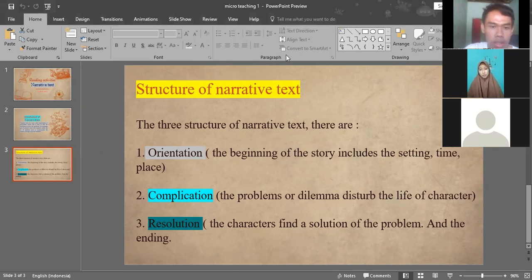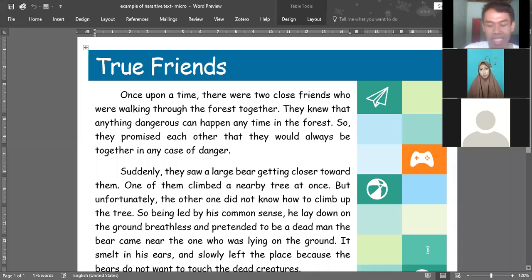I will give it to you. Sorry, I made a problem. Can you see, everyone? Yes. Okay, I give you an example of narrative text, and after I read every paragraph, you must follow and read this text. Do you understand? Yes, sir.